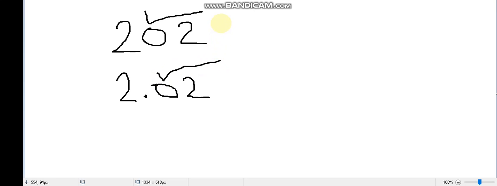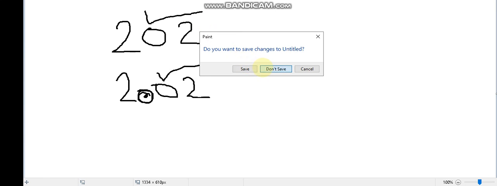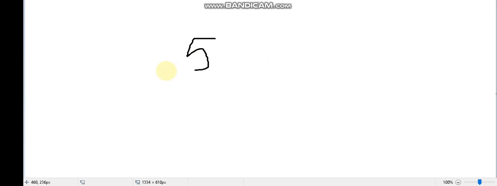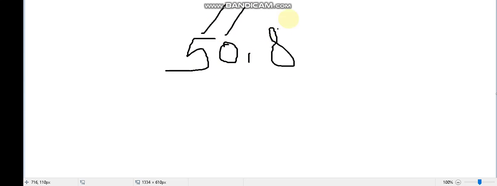So these numbers depend on the decimal point. If you want to count them, for example, in 50.8, I have 1, 2, and 3 significant figures.